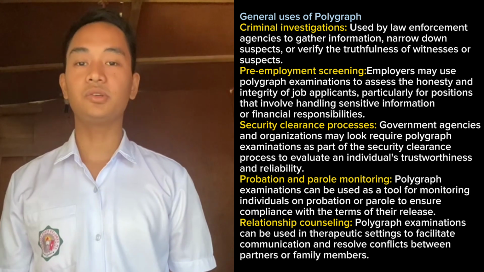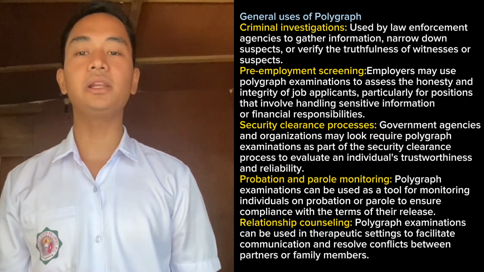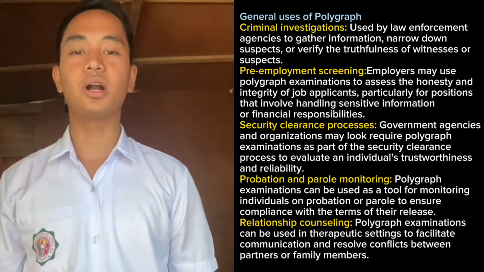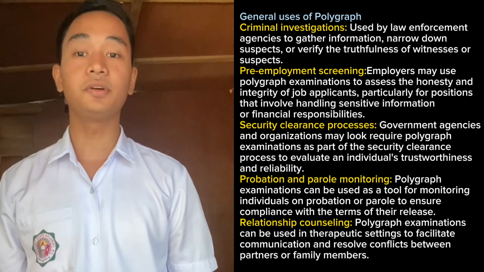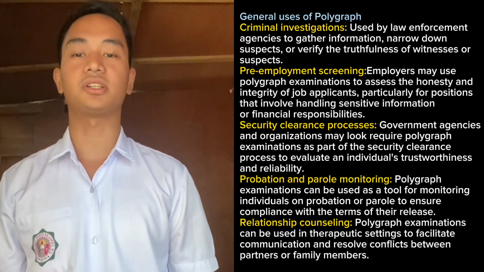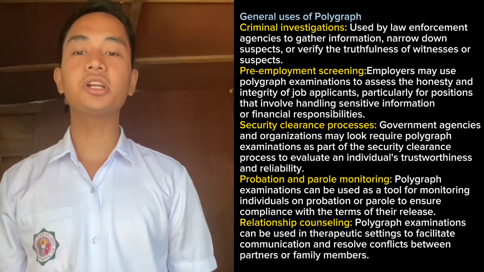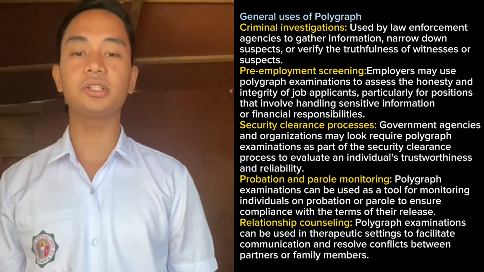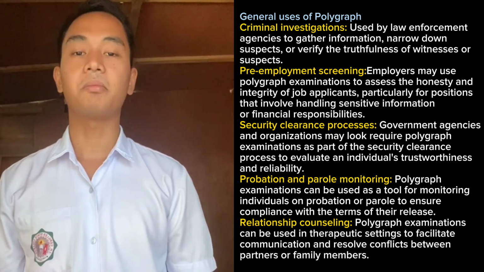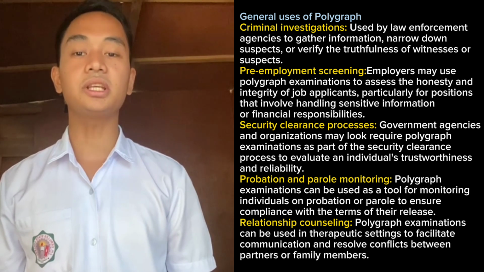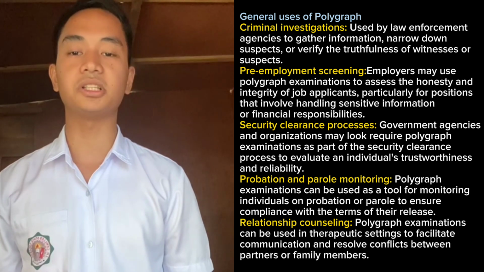So, general uses of polygraph. Criminal investigations: used by law enforcement agencies to gather information, narrow down suspects, or verify the truthfulness of witnesses or suspects. Pre-employment screening: employers may use polygraph examinations to assess the honesty and integrity of job applicants, particularly for positions that involve handling sensitive information or financial responsibilities.